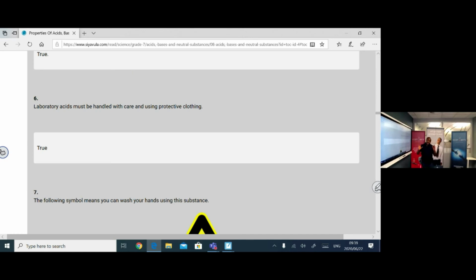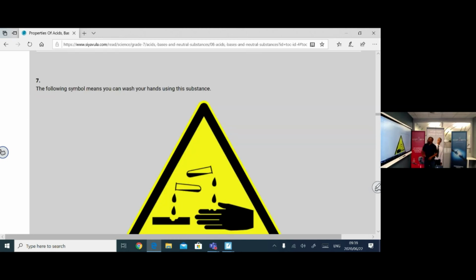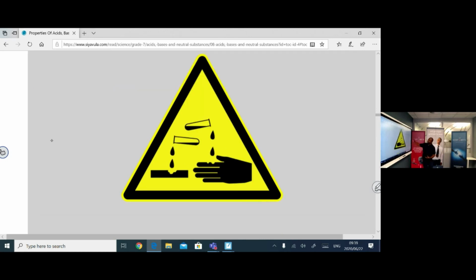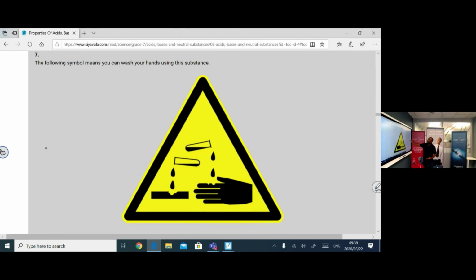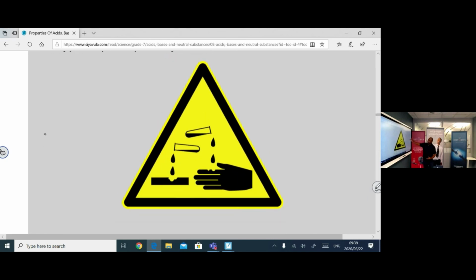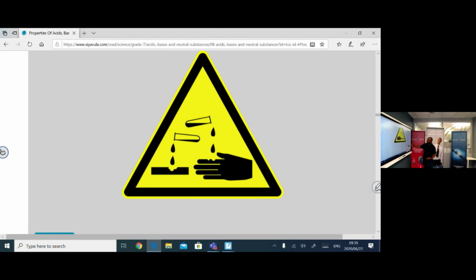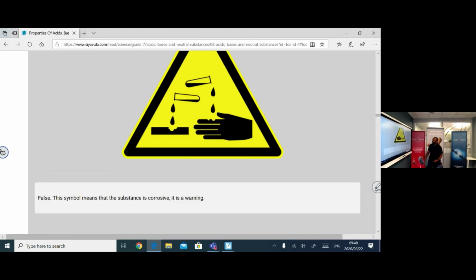That's where you see guys who are coming in and out of the lab, they'll be wearing their laboratory coats. The following symbol means you can wash your hands using this substance. Can you? It's false.